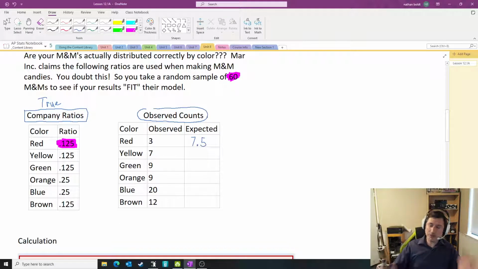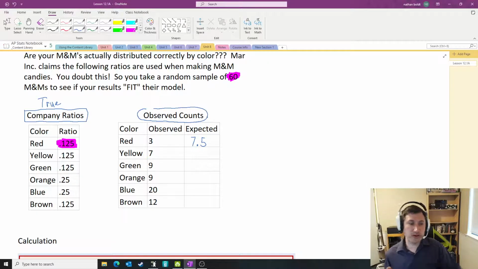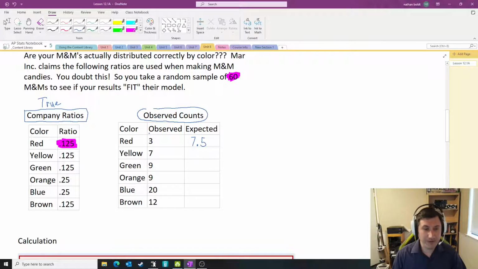Now, I know you can't have 0.5 of an M&M, but because this is theoretical for the expected, you are allowed to have decimals. It's not an integer number. It doesn't have to be because this is theoretical. Your observed values definitely have to be integers because you counted M&Ms. You can't count half an M&M unless you're eating half an M&M, and that's just weird.